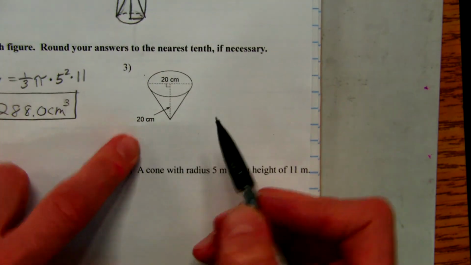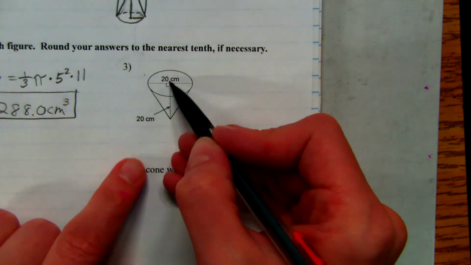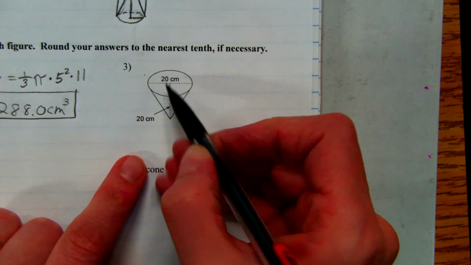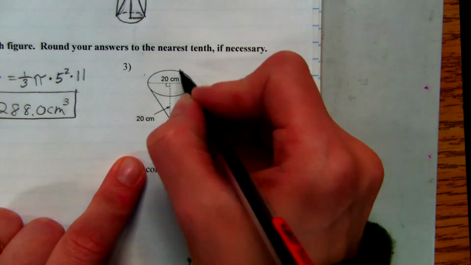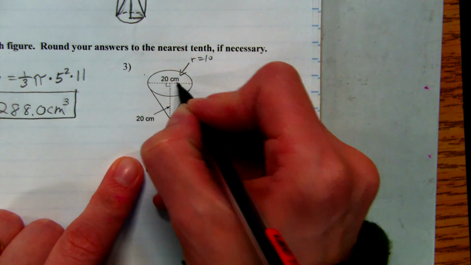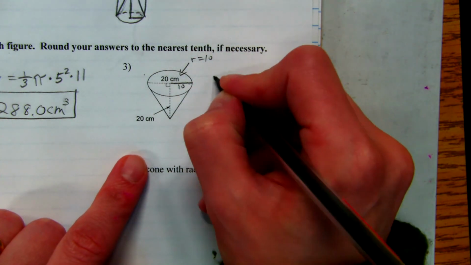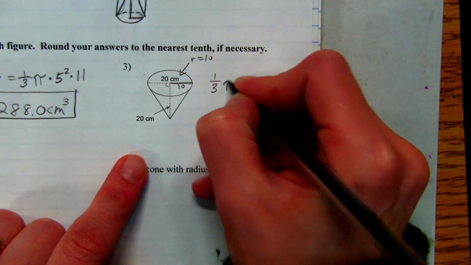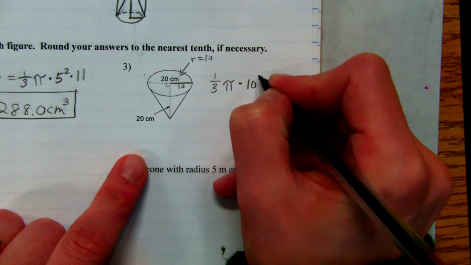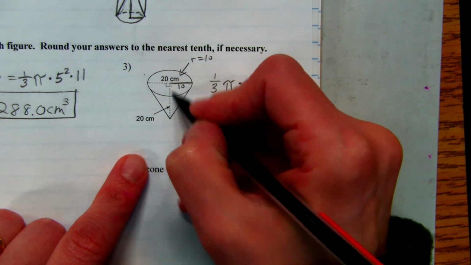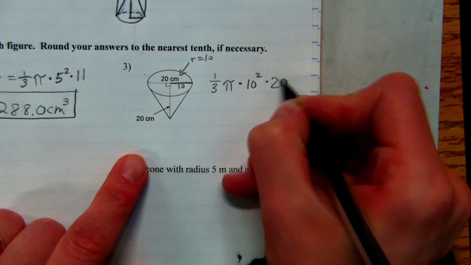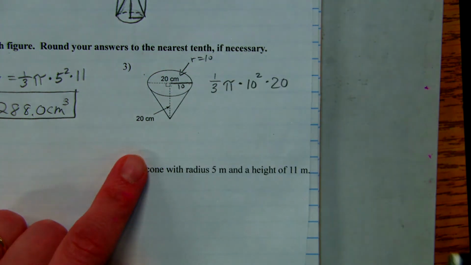So on number 3, I need the radius for my formula, but I have the diameter, 10. So that means that my radius for this would just be 10. We just went halfway across, okay? So then we're going to do 1/3 pi times 10 squared, and the height of the cone is 20. And we'll just type that in.